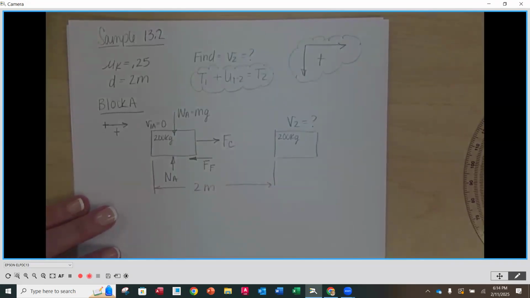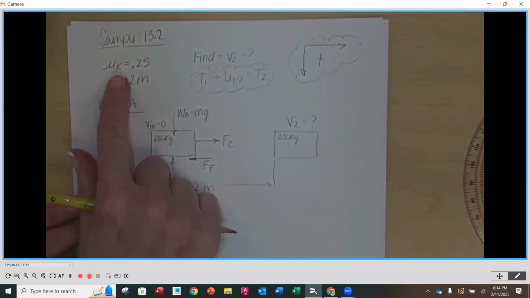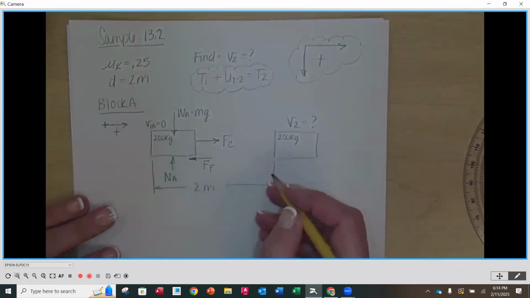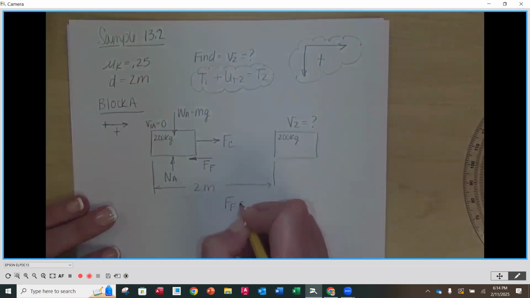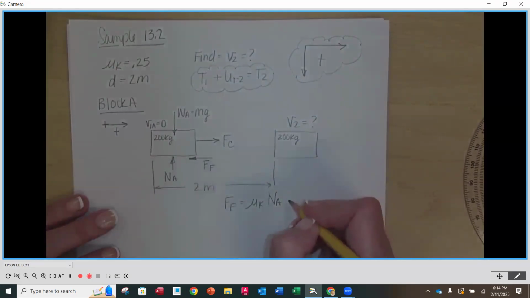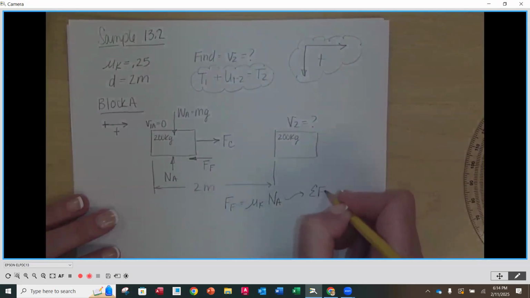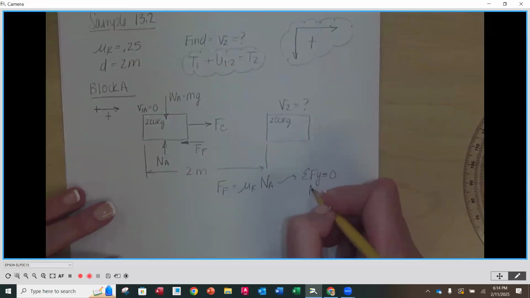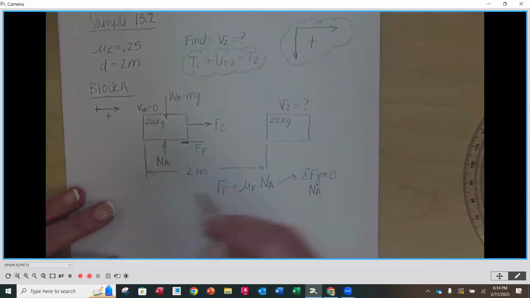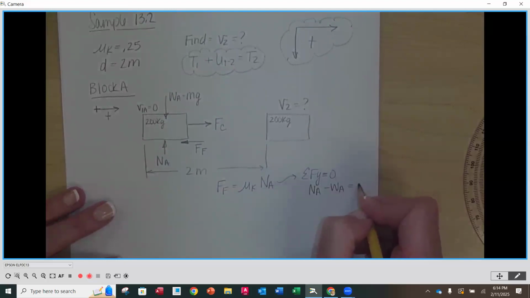Now, I'm going to solve for that friction force because I know what I need. I know that the kinetic coefficient of friction is 0.25, and I know that my friction force is going to be equal to that coefficient of kinetic friction times the normal force at A. It's always how you calculate a friction force. So we can say that we're going to sum our forces in the y equals 0, just statics, so that we can say our normal force at A minus the weight at A is equal to 0.